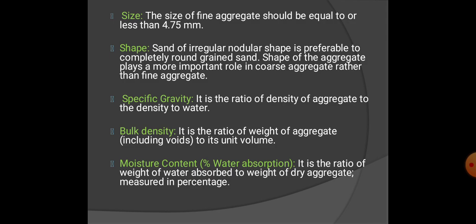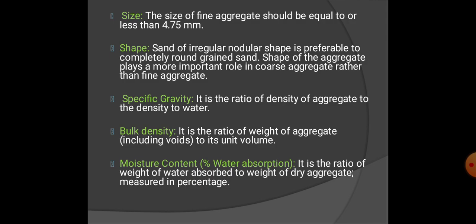The next one is specific gravity. So specific gravity of aggregate means the ratio of density of aggregate to the density of water.